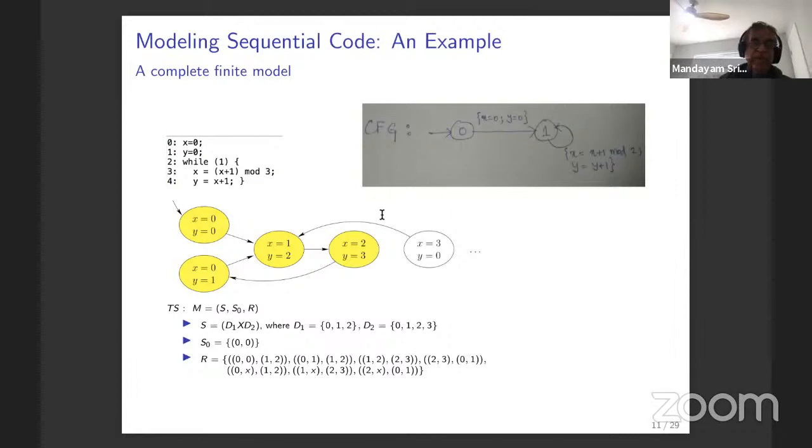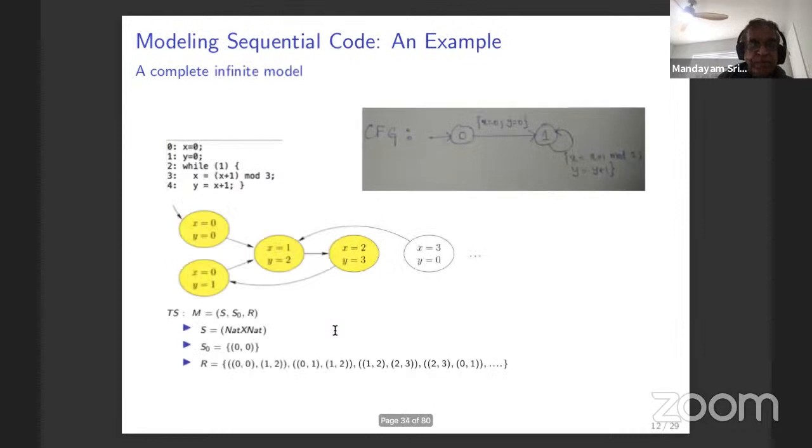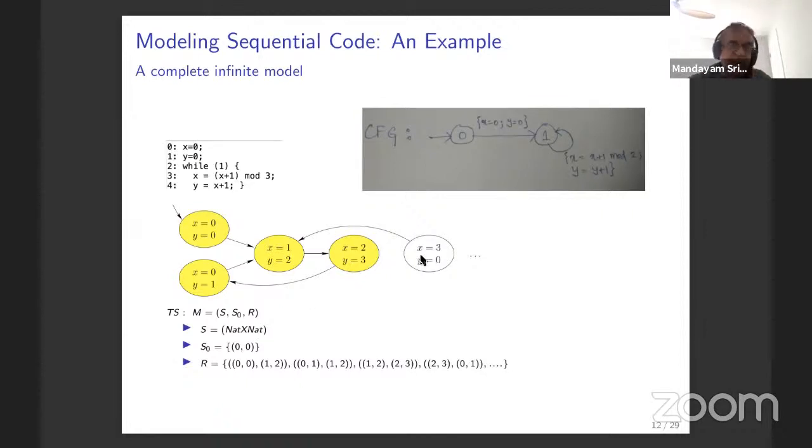So here I will change it. This is better. If I make it NAT, then my system will actually have an infinite number of states, correct? Yes, sir. So it has all these white states in addition to the yellow states, but my initial state is still this.